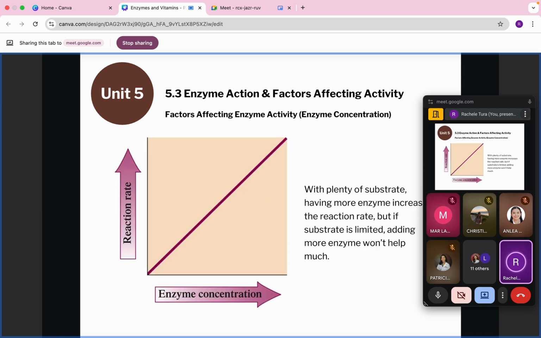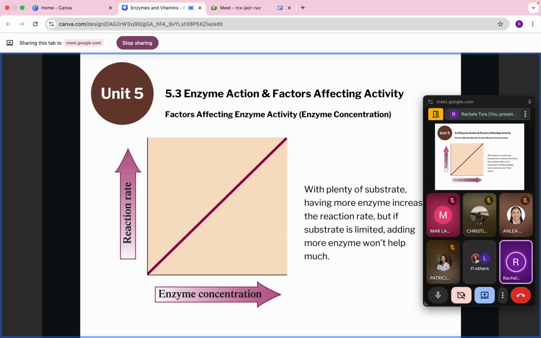So we will now go to the last one, which is enzyme concentration. As you can see, there is a steep increase here. An enzyme is not used up in the reaction.